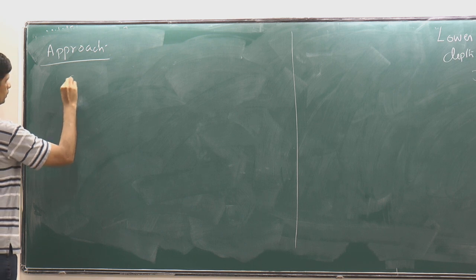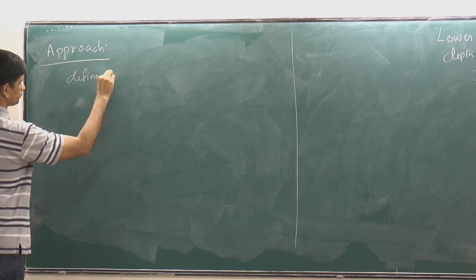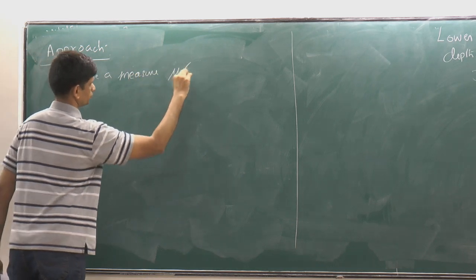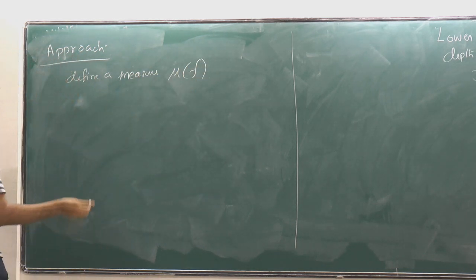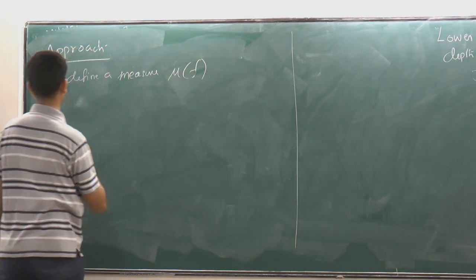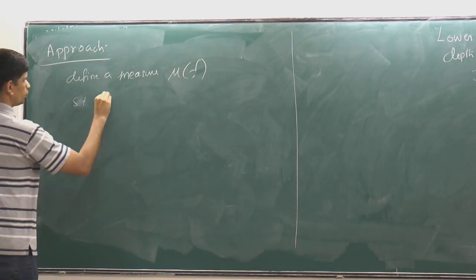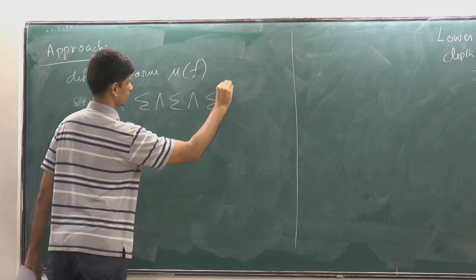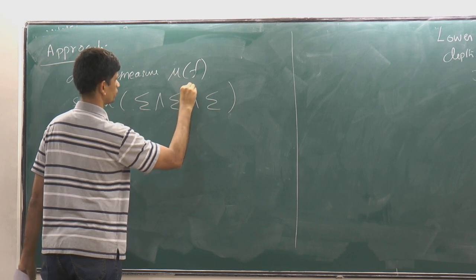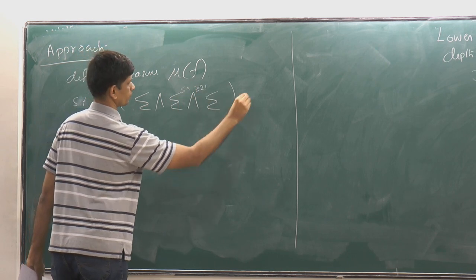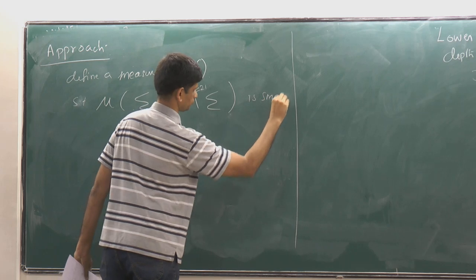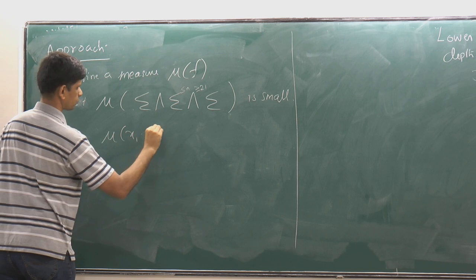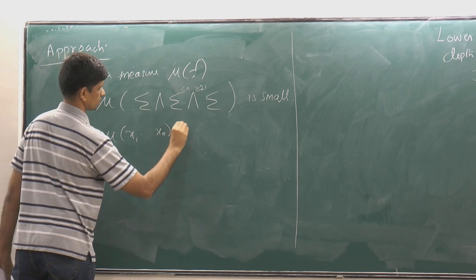So define a measure mu for polynomials, such that mu of any polynomial computed by the depth 5 circuits with the restrictions of course is small, whereas mu of x1 to xn is large.